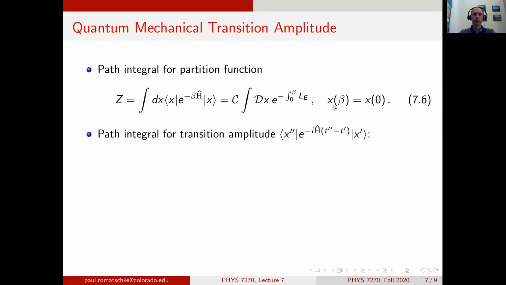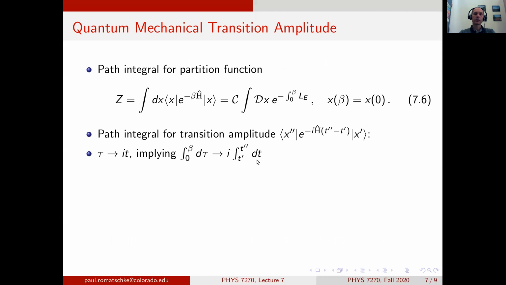Some of these concepts and results are similar when we derive the path integral for the transition amplitude. First, note that we go to real time, so we replace tau by it, which means that the integral over tau turns into an integral over t.